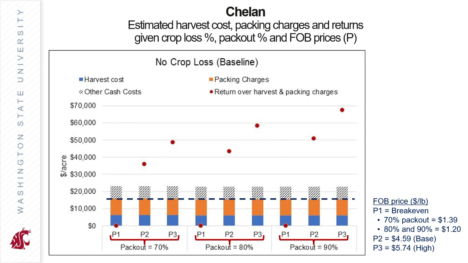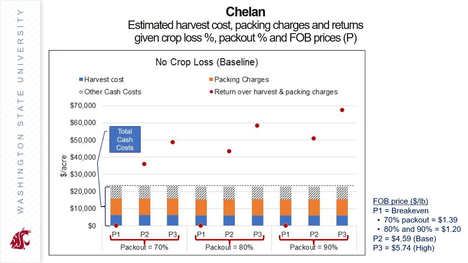The packing charges are the same because the gross yield is the same in a given crop loss scenario. The total cash costs, which are the sum of harvest cost, packing charges, and other cash costs, are slightly higher when pack out is 70% because of the inclusion of sorting in the field.